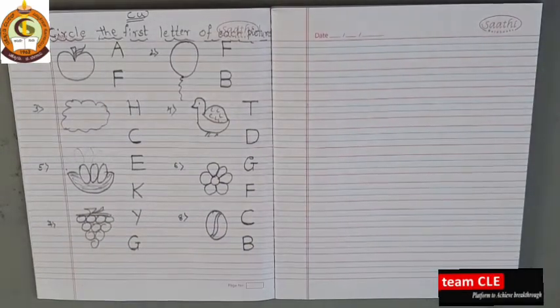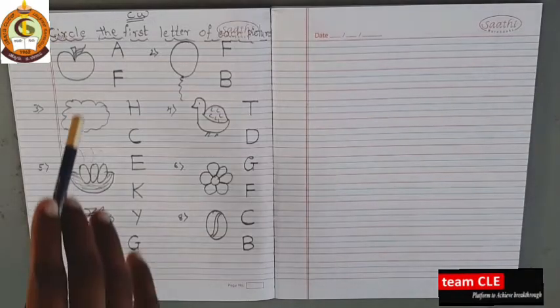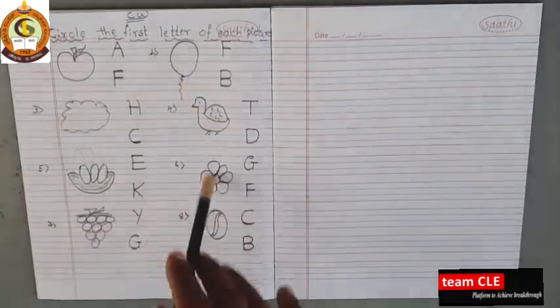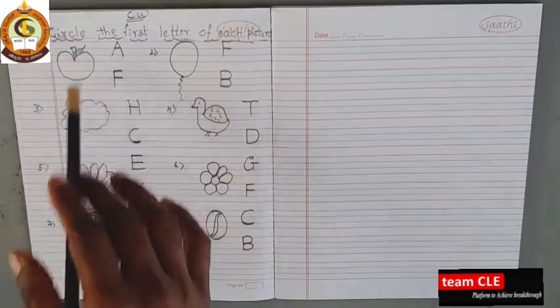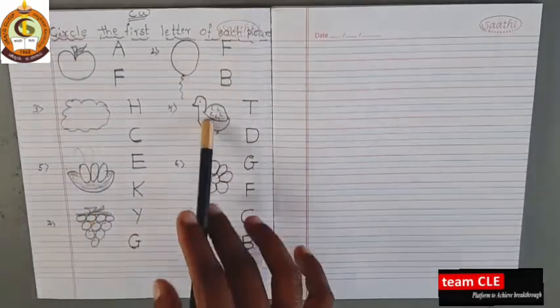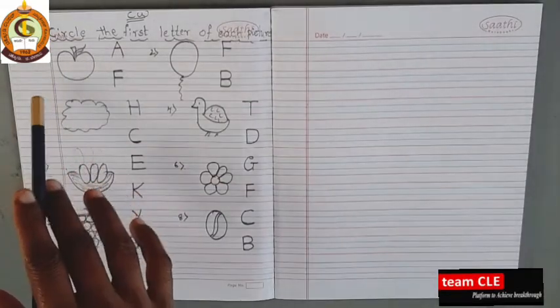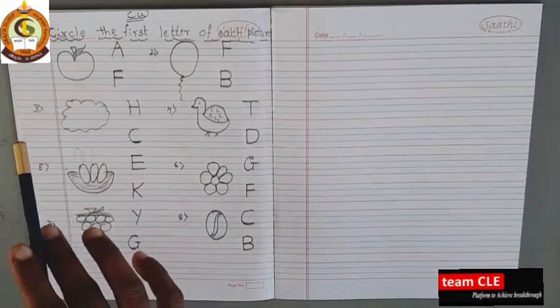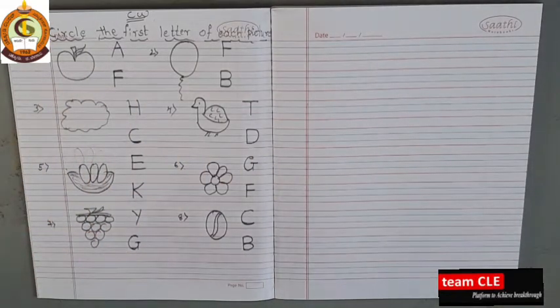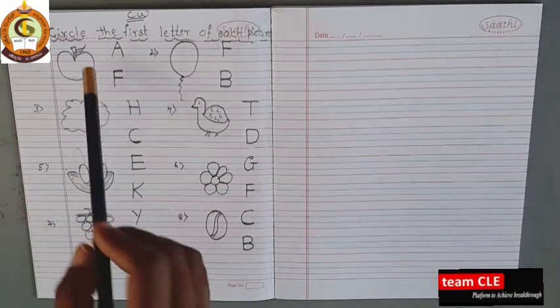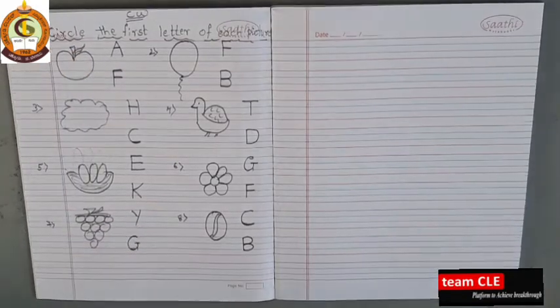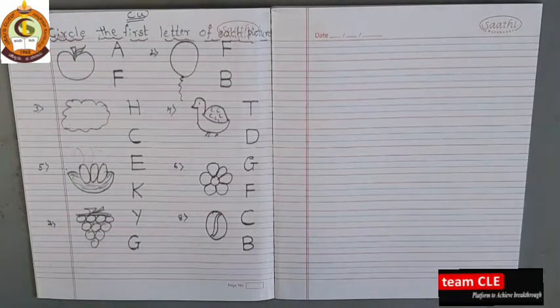So here children, pictures are there. Each picture you have to see and you have to circle the first letter. For each picture, see which first letter will come, that you have to circle. For example, which picture is it?